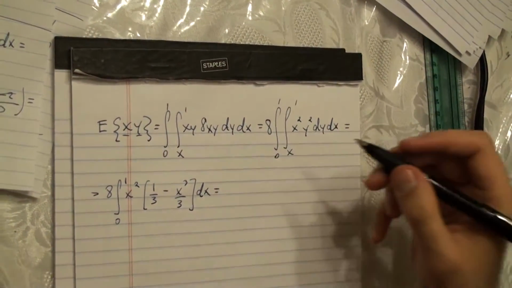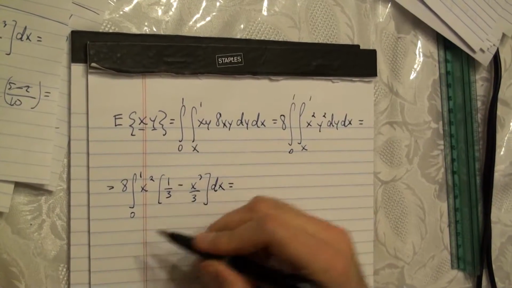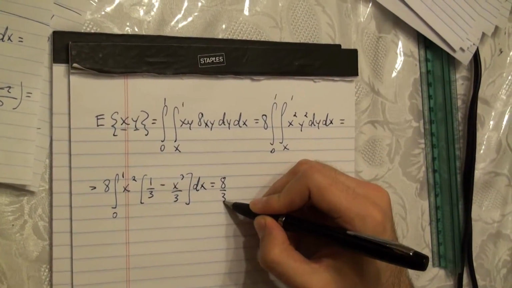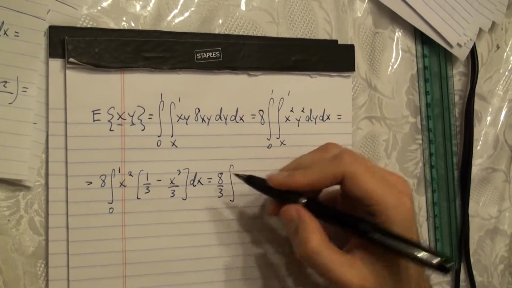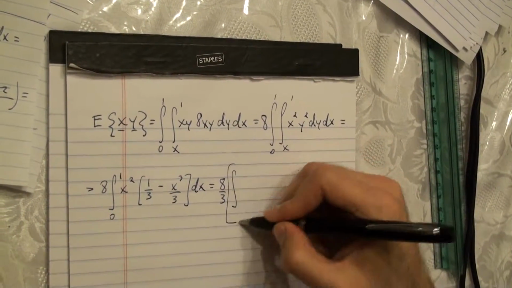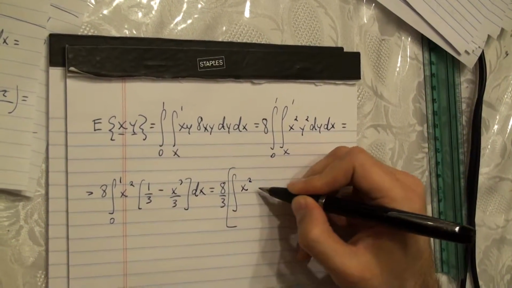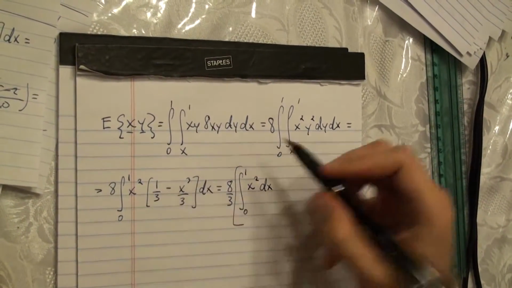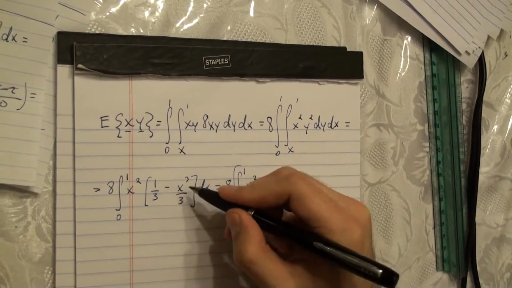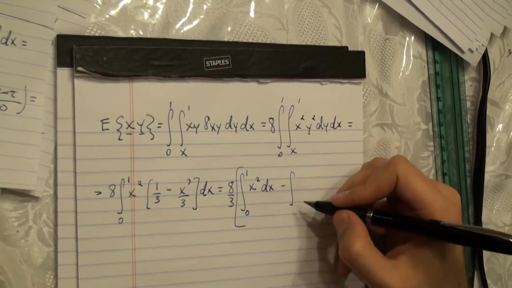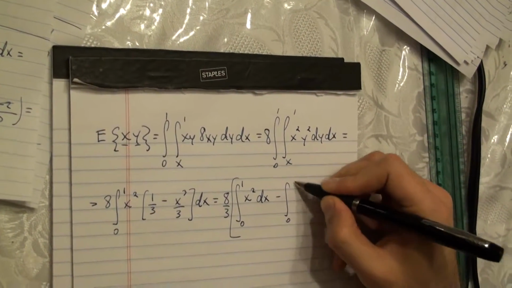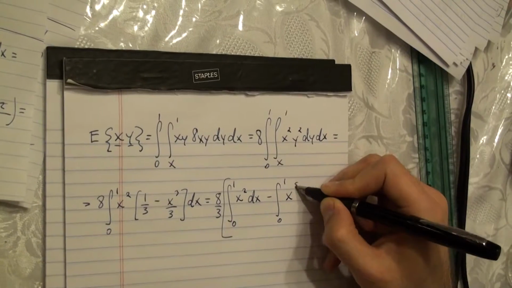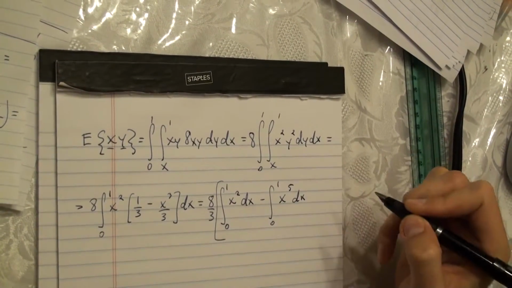This is going to equal, we can take the 1/3 common factor out, so we have 8 over 3. This is the first integral. We're going to have x squared dx from 0 to 1. Then we have minus integral x squared times x to the 3rd is x to the 5th. So we're going to have x to the 5th dx.